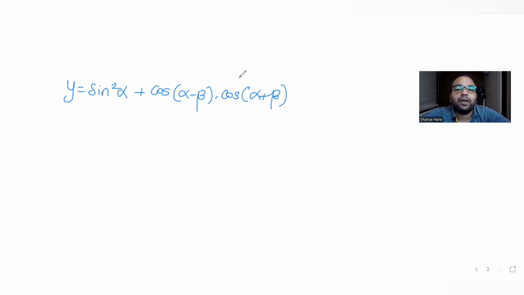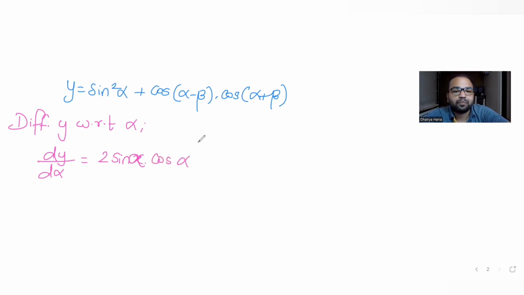Now let's find the derivative of y with respect to alpha, because that is what we have been asked. Differentiating y with respect to alpha the first time, the derivative of sin²α becomes 2 sin α cos α. Here, I can use the product rule, u into v.